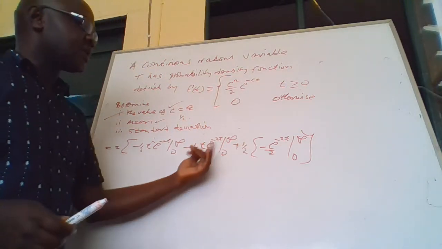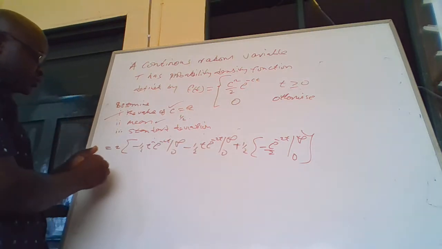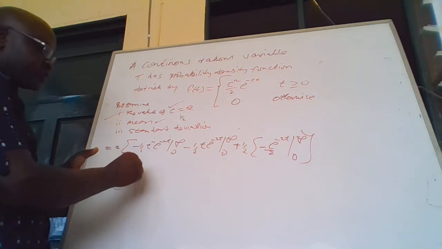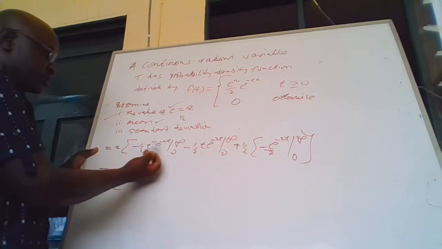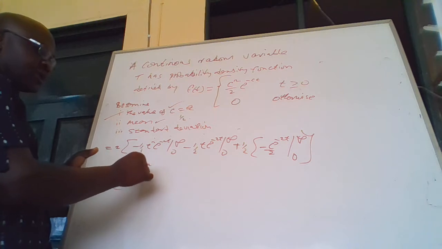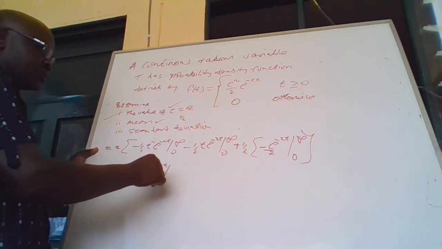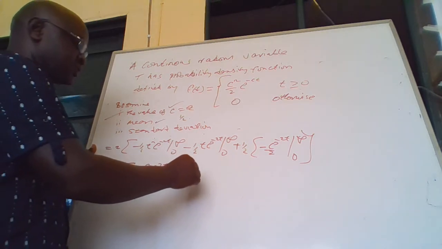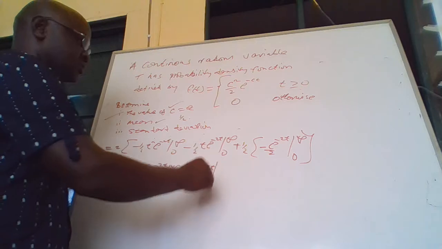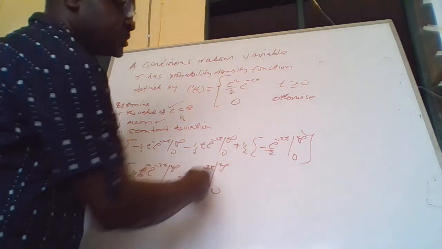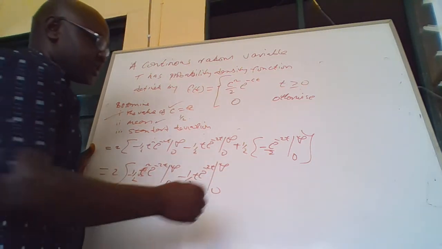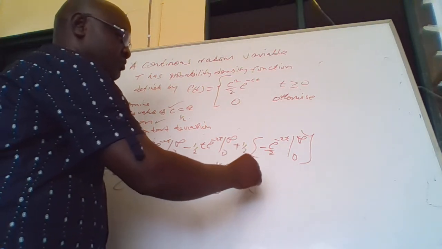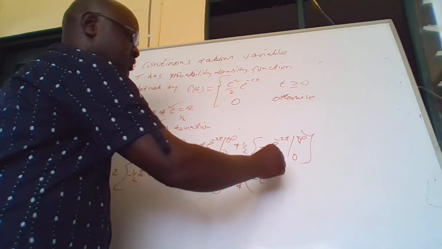So we can take out 1 all over 2 there, so that this equals 2 into negative a half t squared exponent minus 2t. Then you have minus 1 all over 2 t exponent minus 2t. Then you take out 1 all over 2, so that we have here plus 1 all over 4 into minus exponent minus 2t.